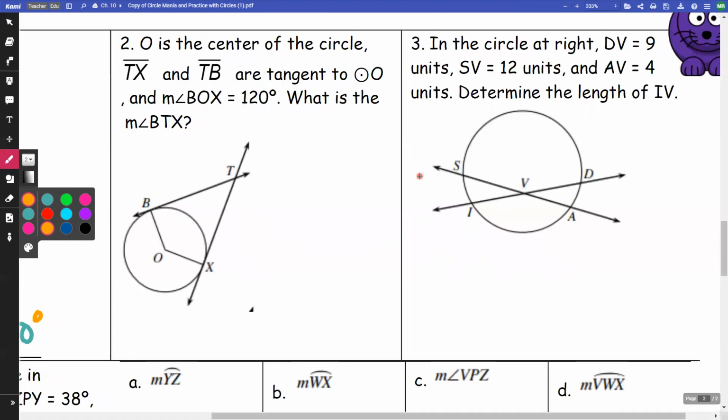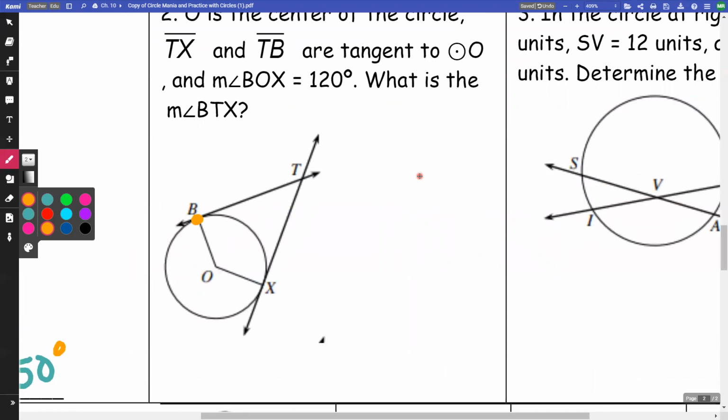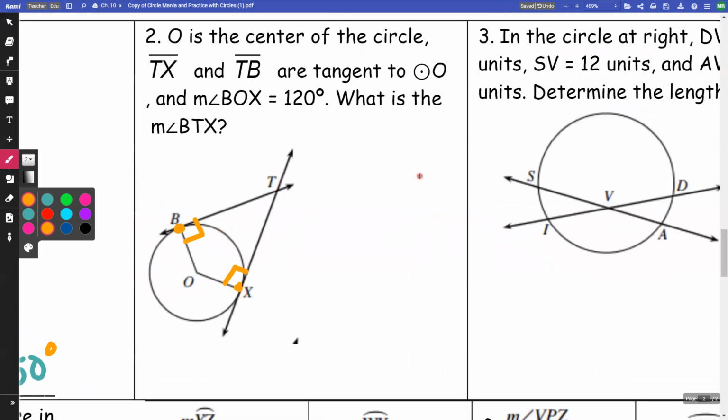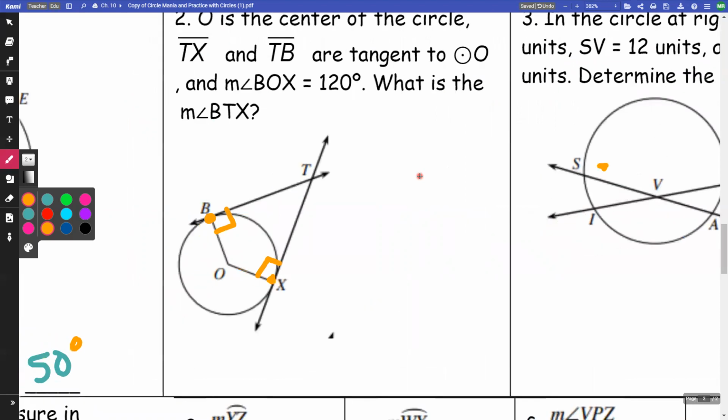On 2, we know that these are tangent. So this and this are tangent, which means that this is going to form a right angle, this is going to form a right angle. We know that BOX is 120 degrees.